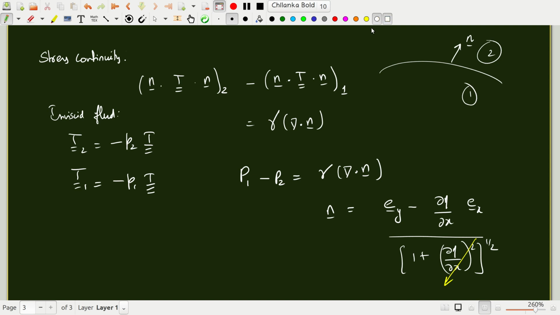Either way the answer apparently doesn't change. So del dot n is simply, what you'll get is minus partial squared eta by partial x squared, to linear order, because we are doing linear stability analysis, so we are going to retain terms only up to this order.